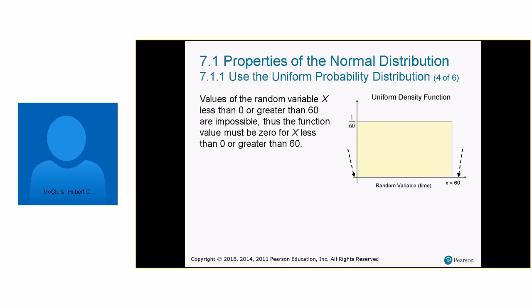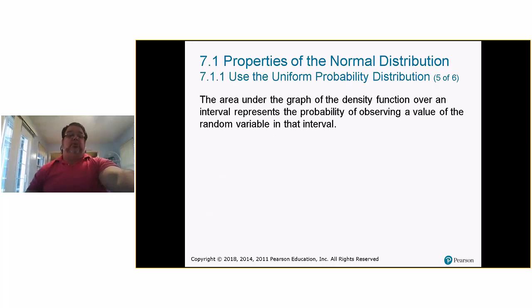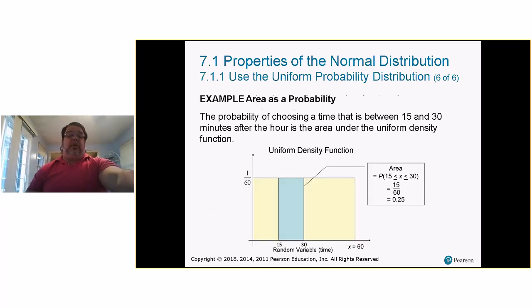Okay, they're telling you about the area of the graph. Okay, there we go. What is the probability that the time will fall between 15 and 30 minutes? So write this down because you've already written down the rectangle with 1 over 60.